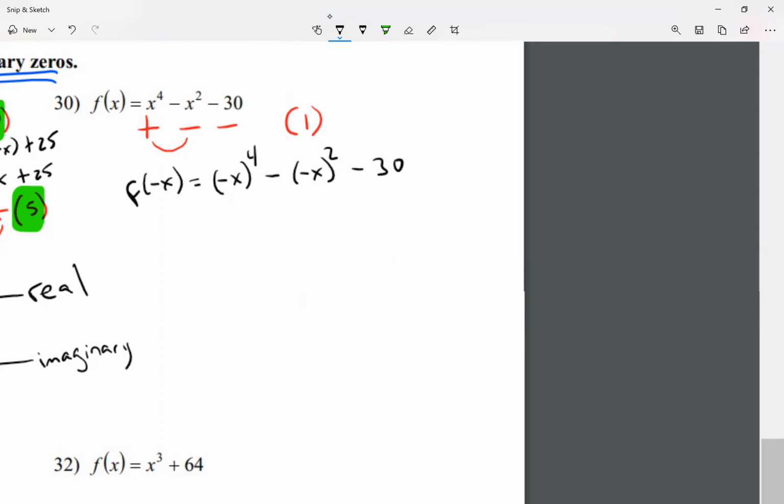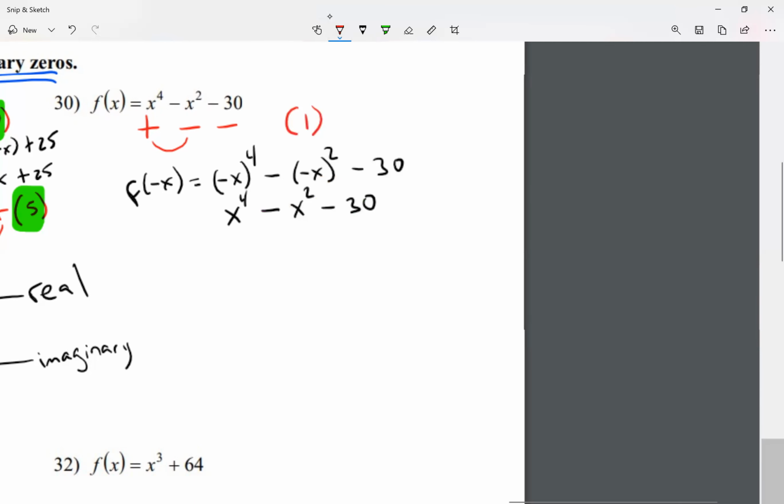If the exponent is even, then the negatives become a positive. So this is x to the 4th. This minus has nothing to do with my parentheses or my exponent. Here I have x to the 2nd. It became positive x to the 2nd because my exponent was even, and then minus 30.